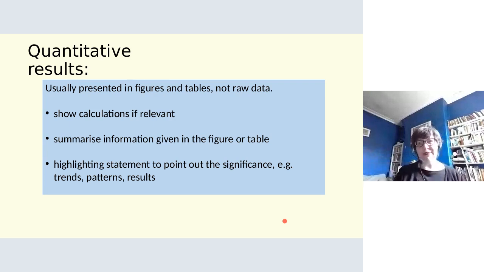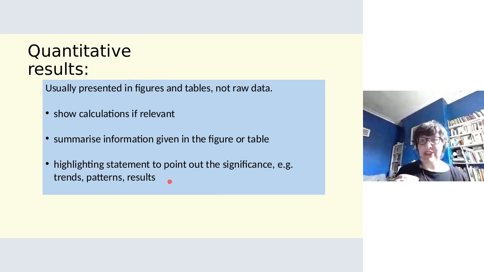So underneath or just before each figure or table, you need to summarize what it shows. Now, sometimes this can feel like you are stating the obvious because you're saying the graph above shows X, Y, and Z, and if you look at the graph, you can see that. You still need to highlight it for the reader, but this is where you then can draw their attention.